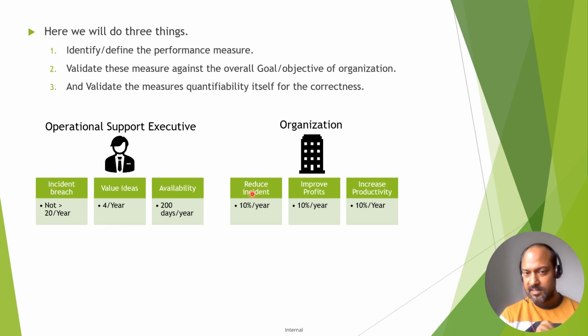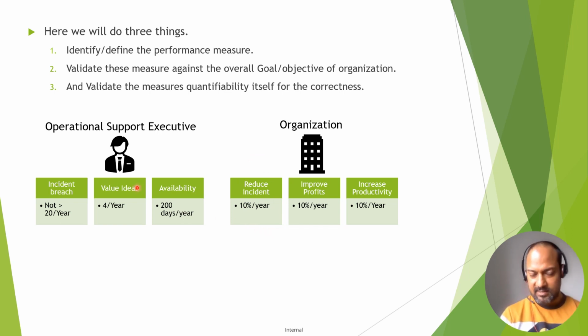It says reduce incidents, so that's why they have set incident breach should not be more than 20 per year. This KPI has been derived from the reduce incident goal and objective of the organization.